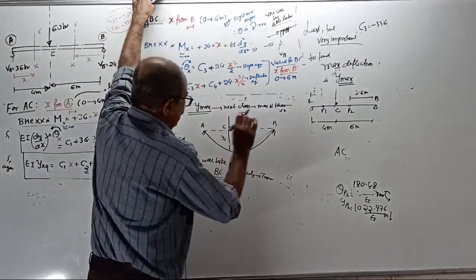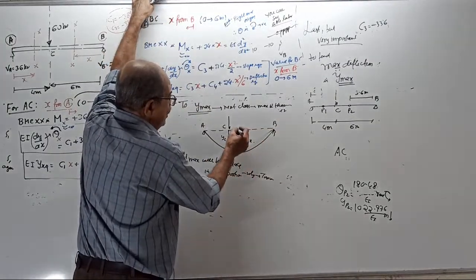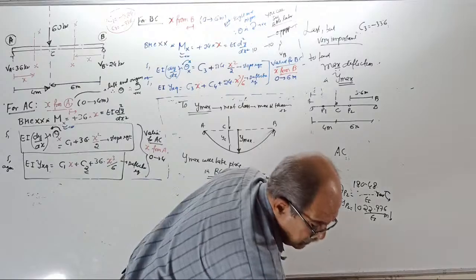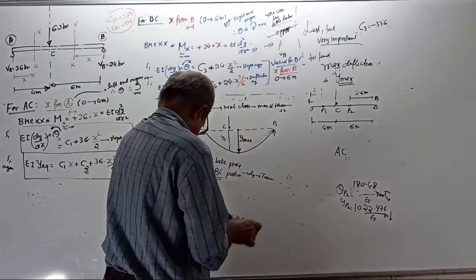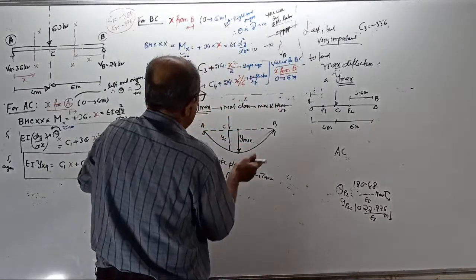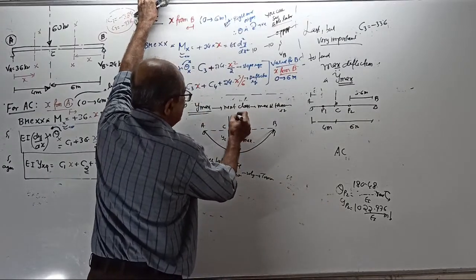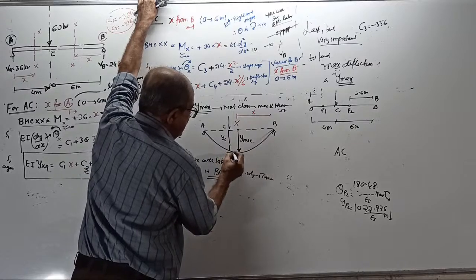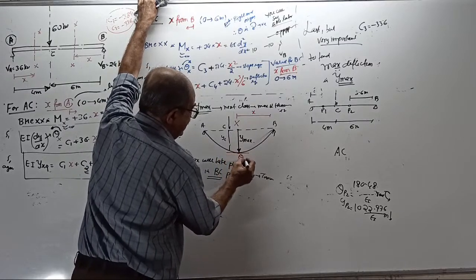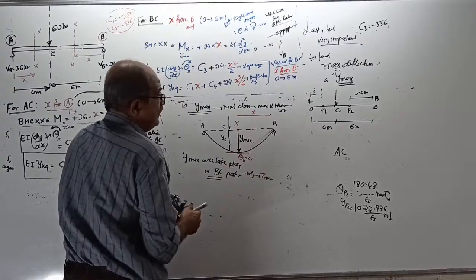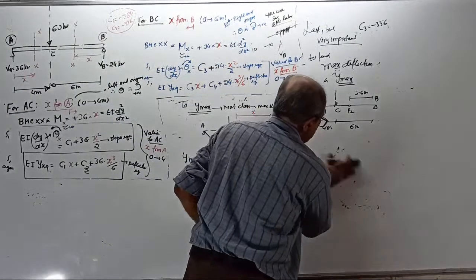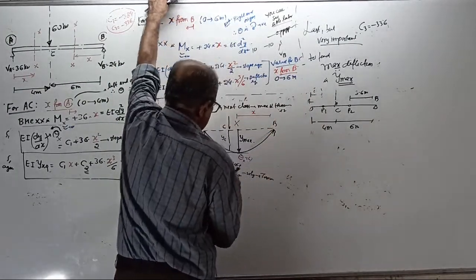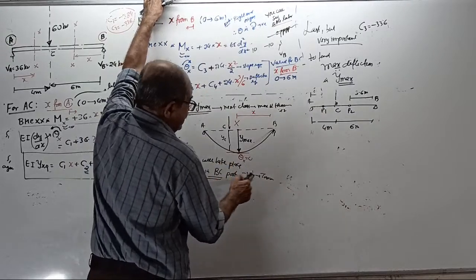Anyway, remember, today you agree with me here. So let it be an unknown point. We don't know where. Let this point be X, the distance from here is X. If I draw a tangent here, the slope at X is equal to 0. I will finish fast today so that tomorrow I will explain. Y max will take place in BC portion.